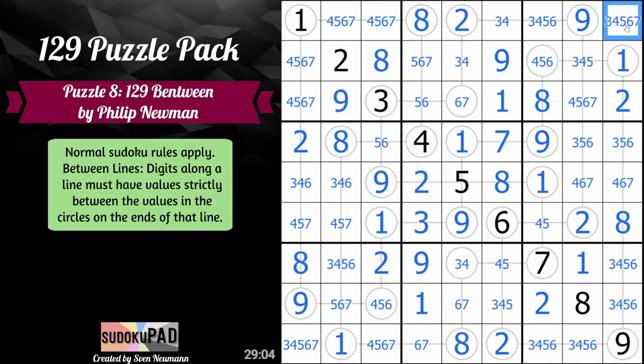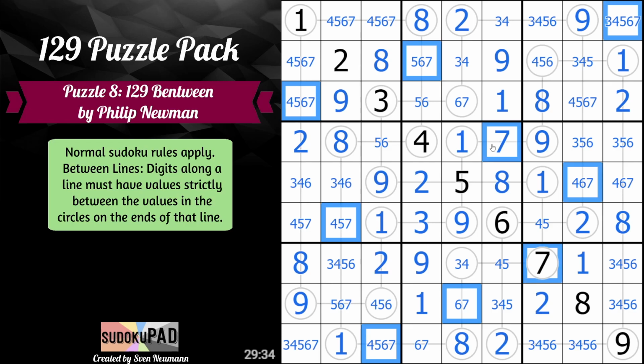Maybe we need to think about, if this corner is 7, what does this do? Because it removes 7 as an option from here, which means 7 is here or here, which tells you that 7 has to go here. 7 then goes here, which means 7 goes here, and then 7 goes here. And we already have 7 here and 7 here.